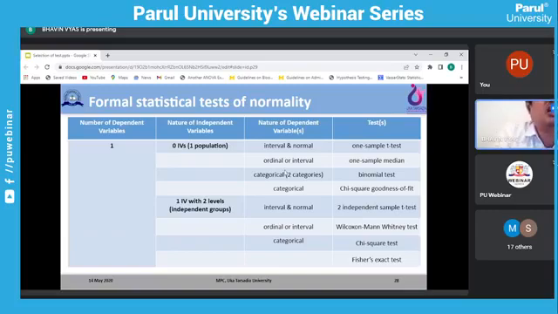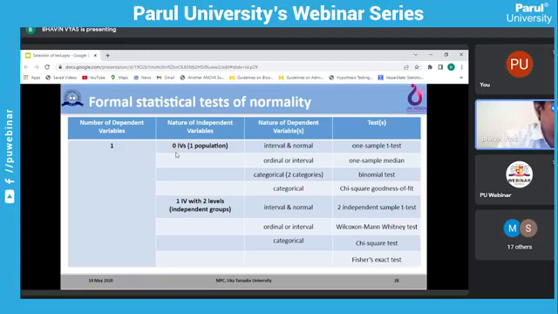If you have categorical data, like male, female, then you can go for the binomial test, or the chi-square test for goodness of fit.